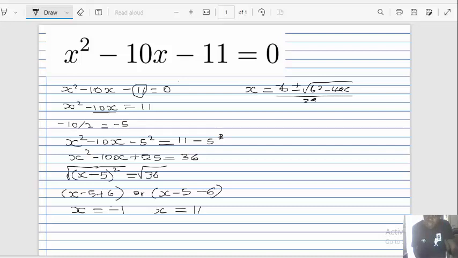Once we are at this point, we can then substitute, because we know this is a and this is b. Let me just write them. So a, b, c, right? So for b, we have negative 10.